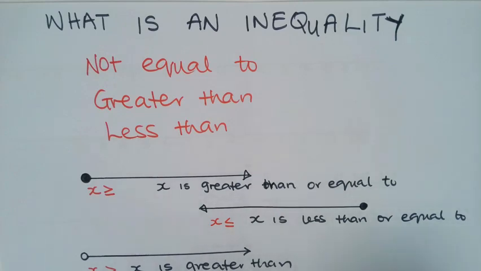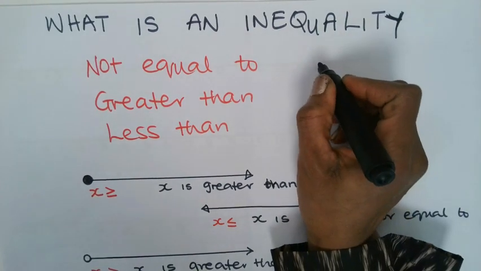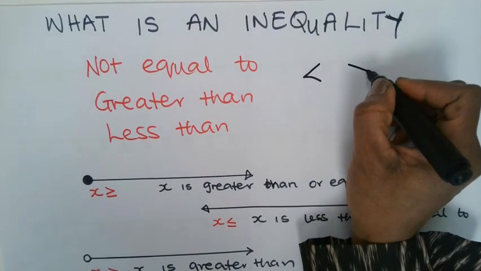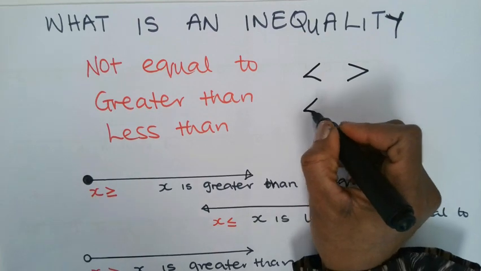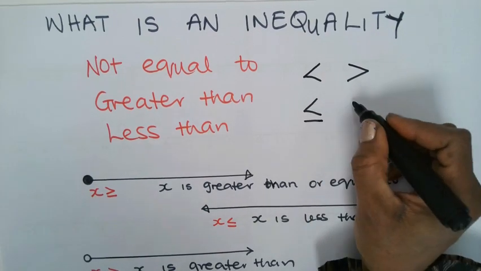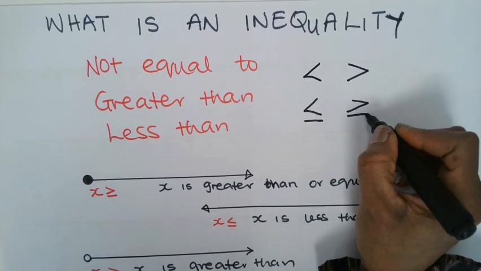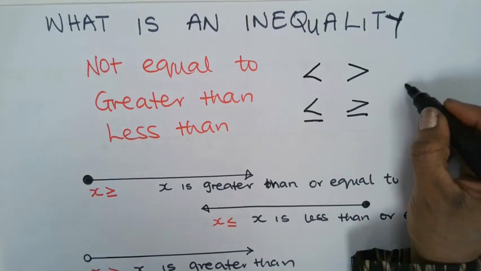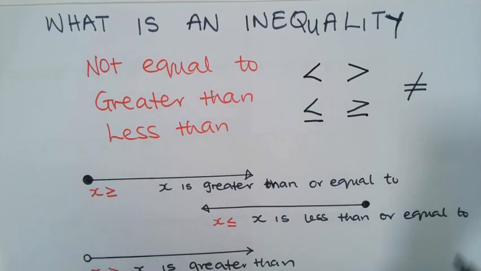For example, the symbols that are used for inequalities are less than, greater than, less than or equal to, greater than or equal to. Or you can use not equal to.